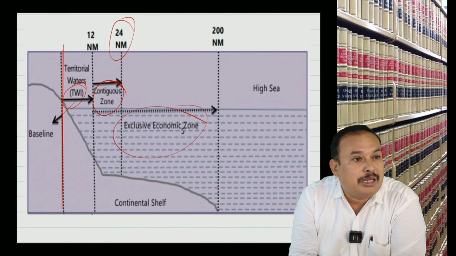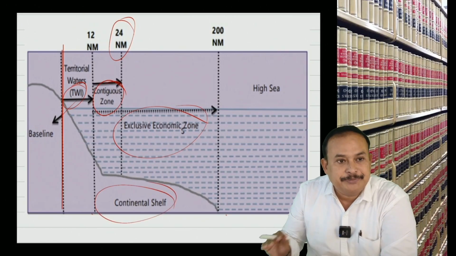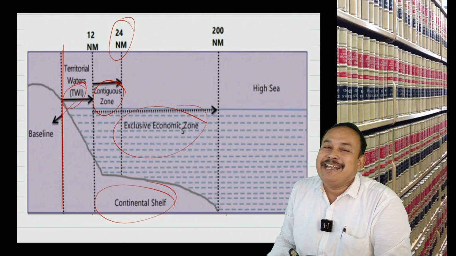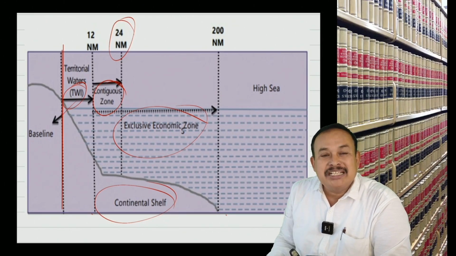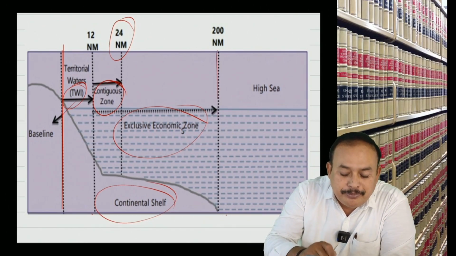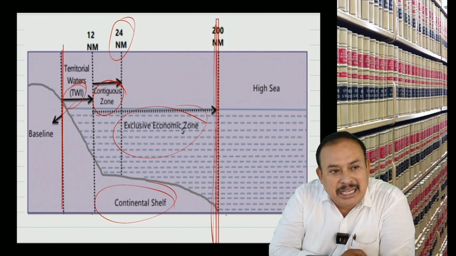From the 12th nautical mile to 200 nautical miles from the baseline is called the continental shelf. Simple. India includes the deemed territory of India extended up to 200 nautical miles.